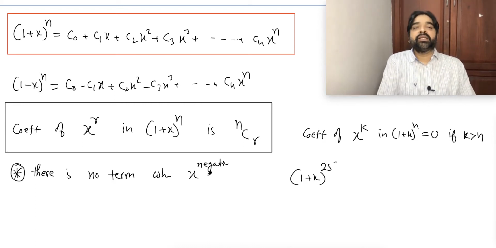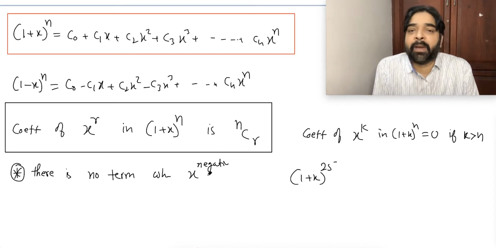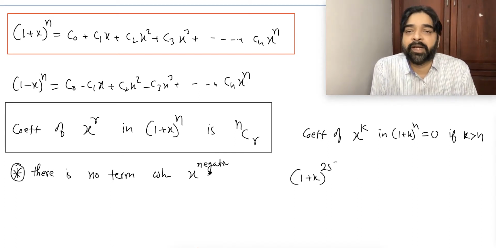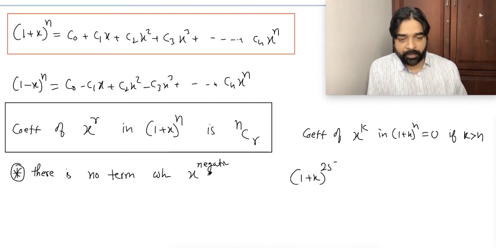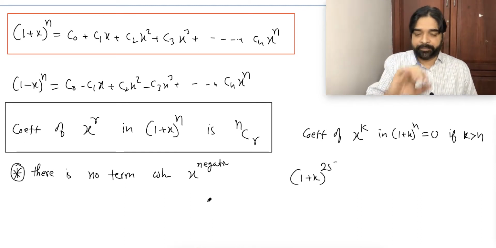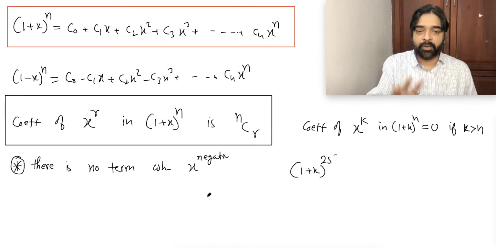In any series expansion, you will not get x to a negative power. X to a negative power is impossible. X to a fraction power is also not possible in this case. Understood the point? So this is the coefficient we used to get. Did all of you write it?